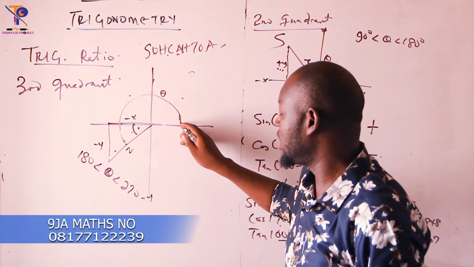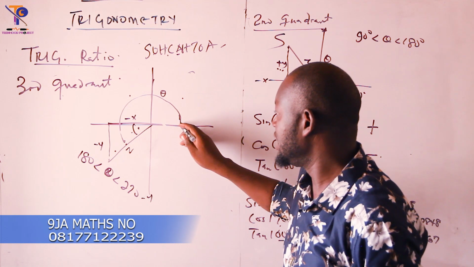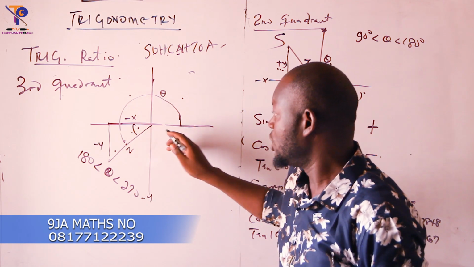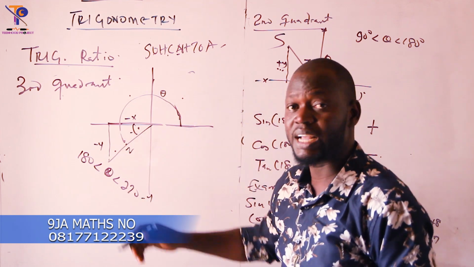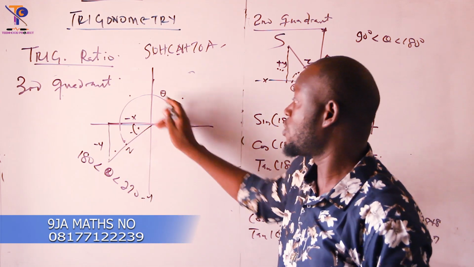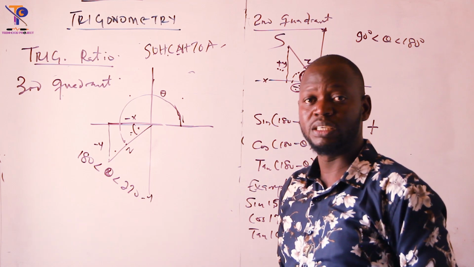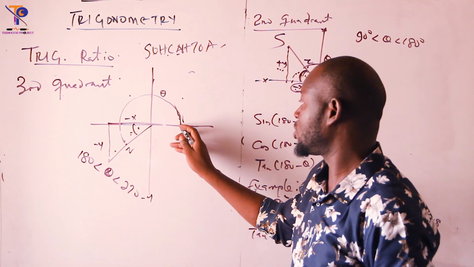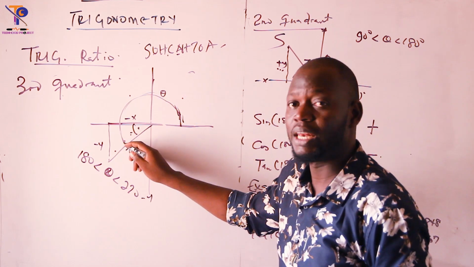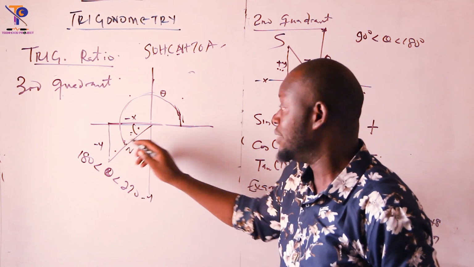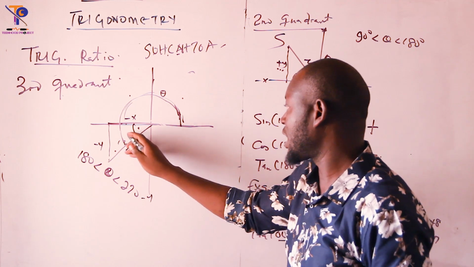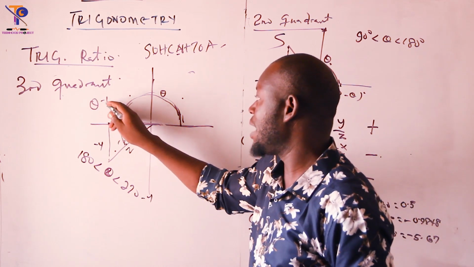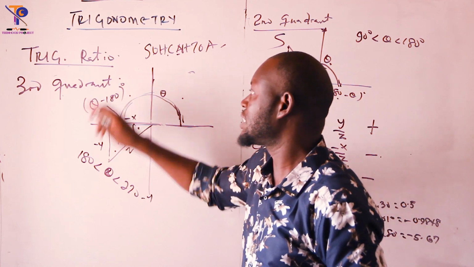So if you had this value, that means everything here, you subtract it from 180, you get this. Look at this again. If you subtract everything here, like 250, from 180, you will get this one. So I think I can call this one theta minus 180 degrees. That's how we get that.